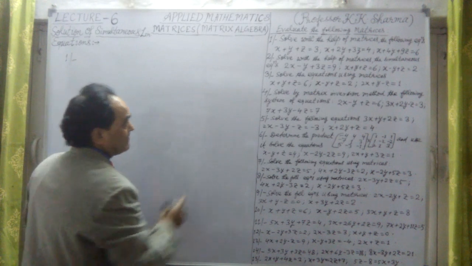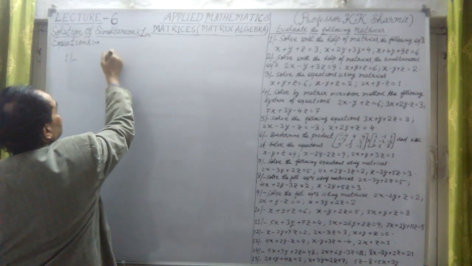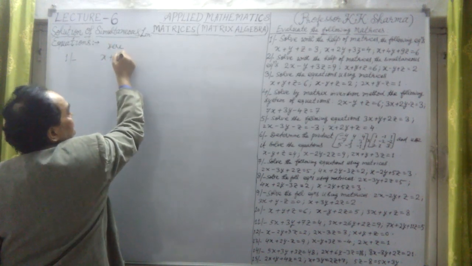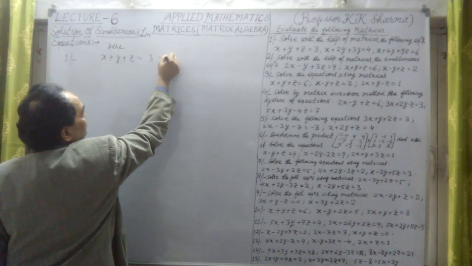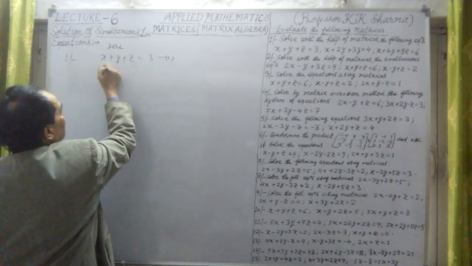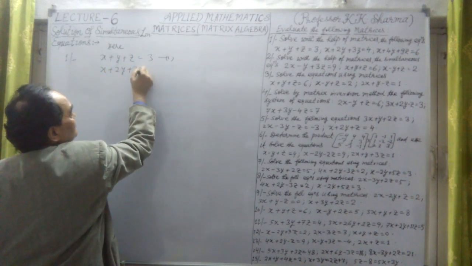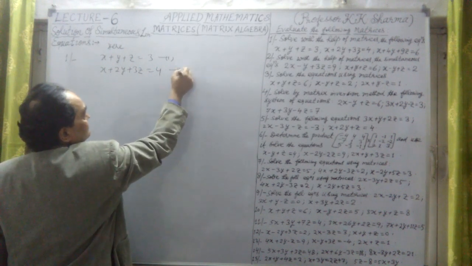Now let me take question number 1. The simultaneous equations are: x plus y plus z equals 3, this is the first equation. Then x plus 2y plus 3z equals 4, the second equation.